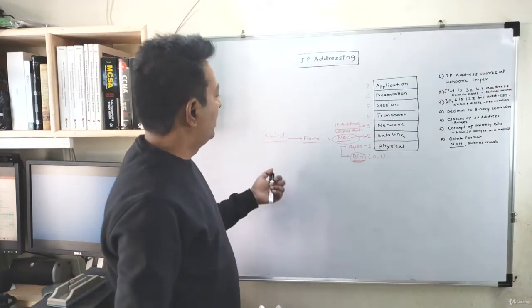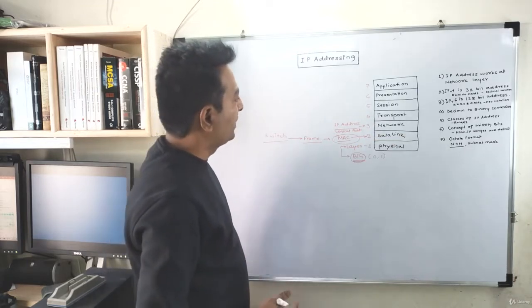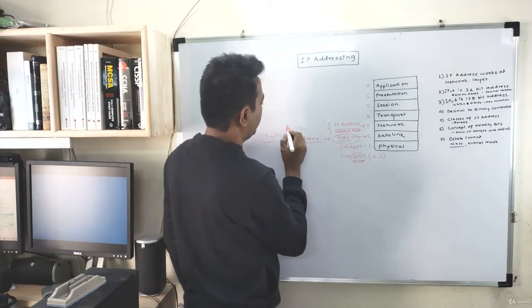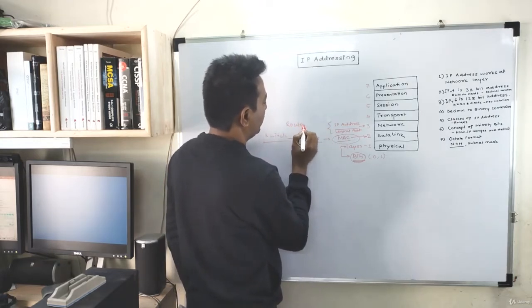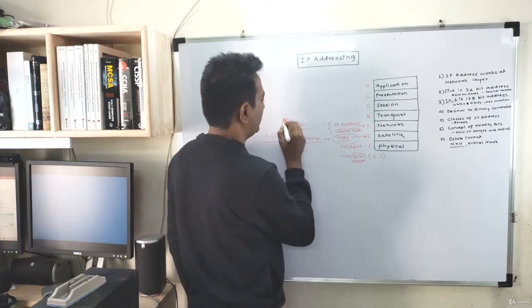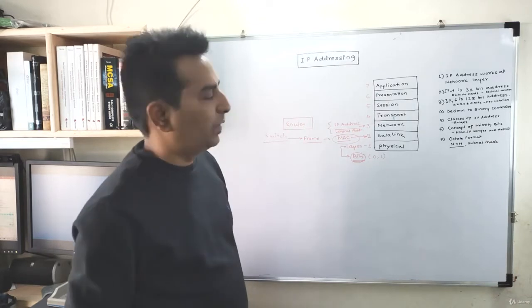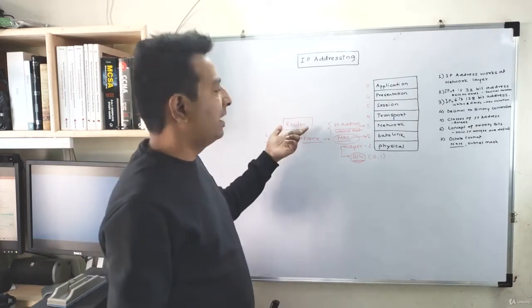So a switch is the device that works at the data link layer. Coming to the network layer, the main, well-known device which works at the network layer is the router. A computer also understands this layer.